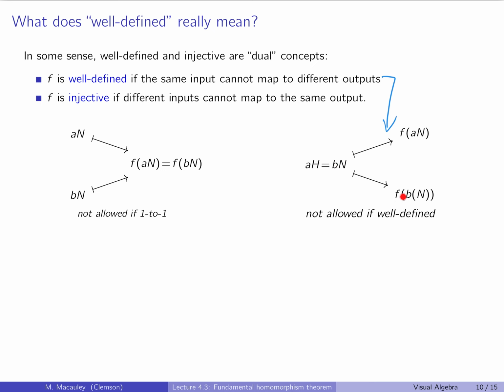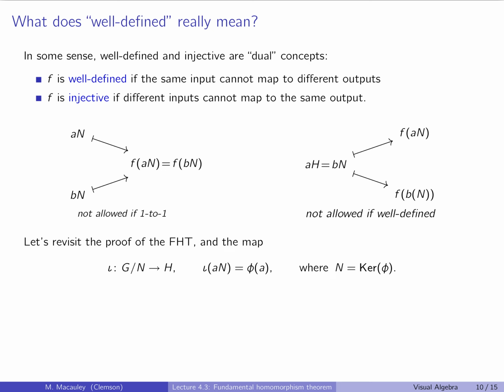So this little motif is not allowed. If f is injective, it's going to be given by this whole diagram, then different inputs cannot map to the same output. In other words, if aN and bN are different, then you can't have two arrows going into the same element in the codomain.